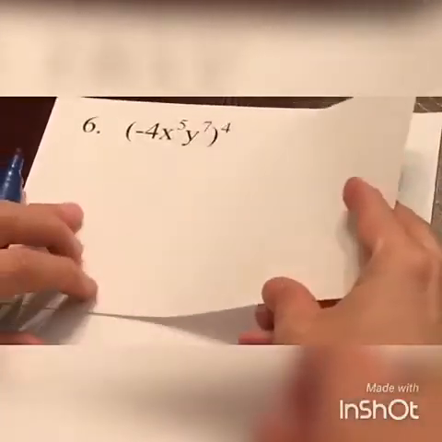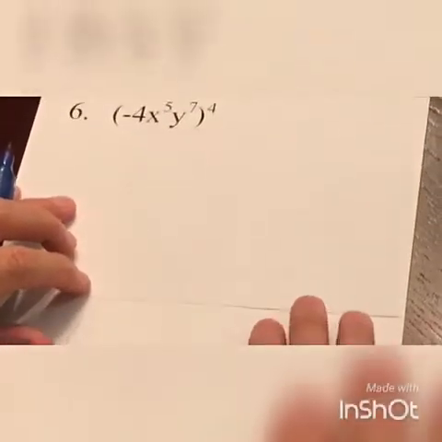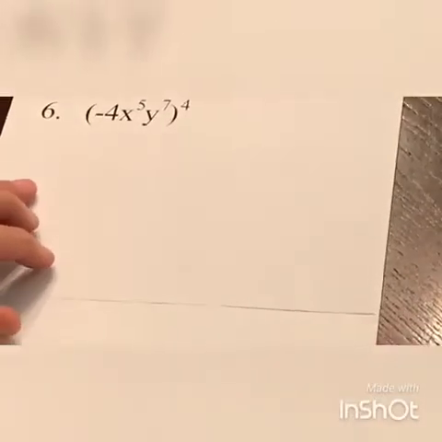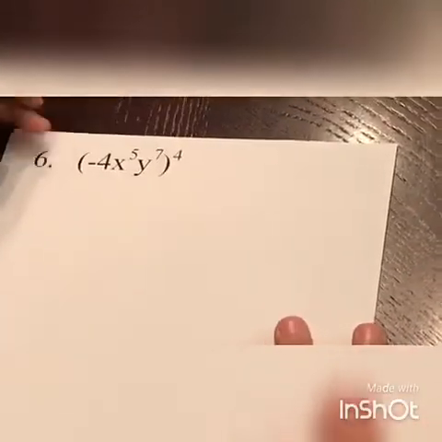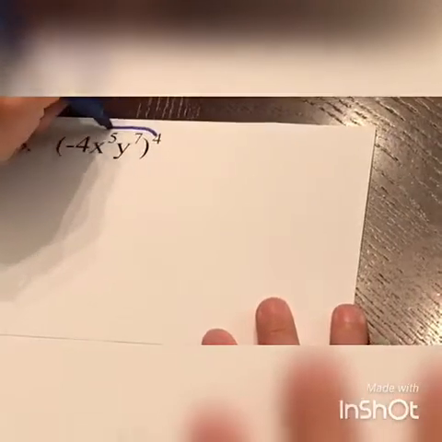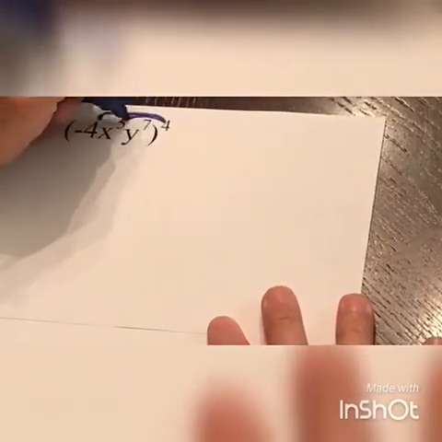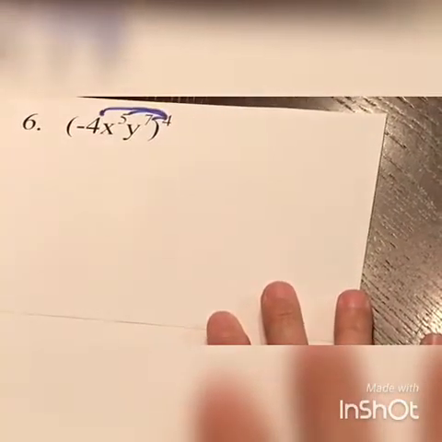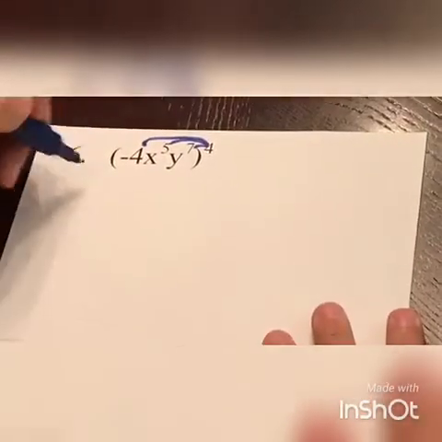Example number 6 brings in a little negative. So we have to be careful with negatives, especially using the calculator. 4 will be distributed to all parts that are inside the parentheses.